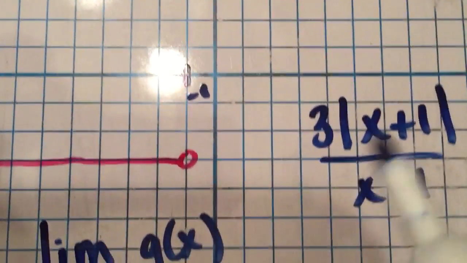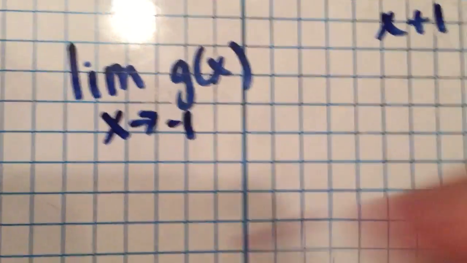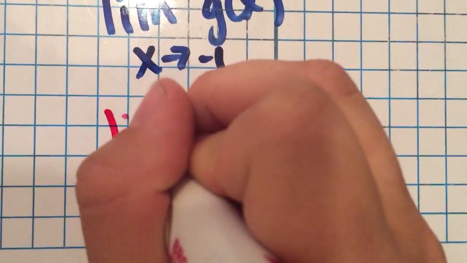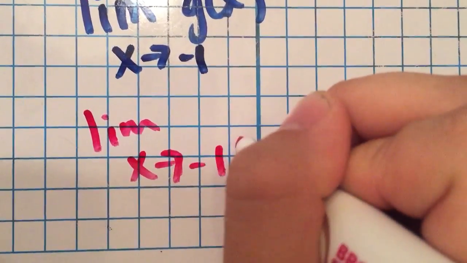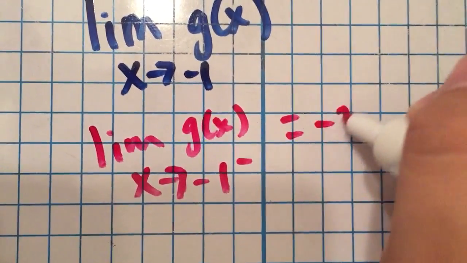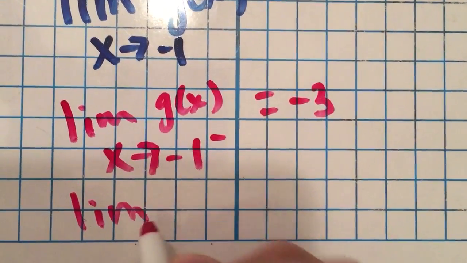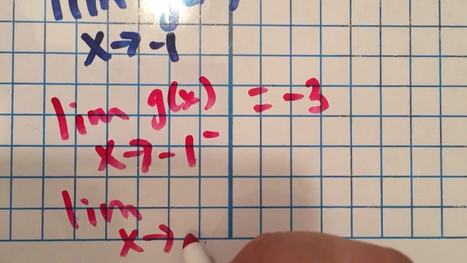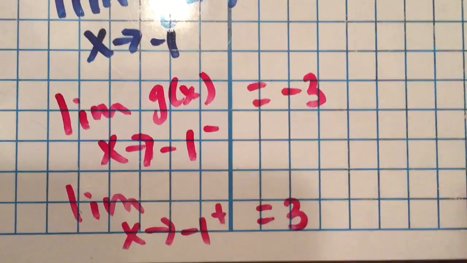Okay, so if I look at this, the limit as x approaches negative 1 from the left of g of x equals negative 3, and the limit as x approaches negative 1 from the right is positive 3.